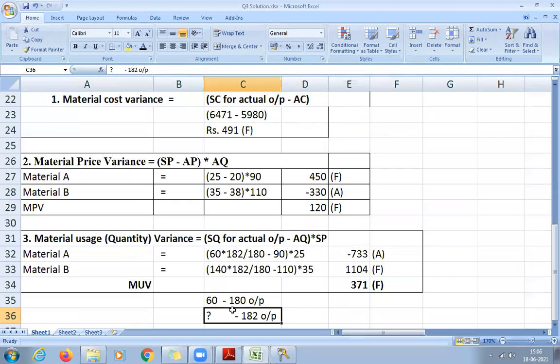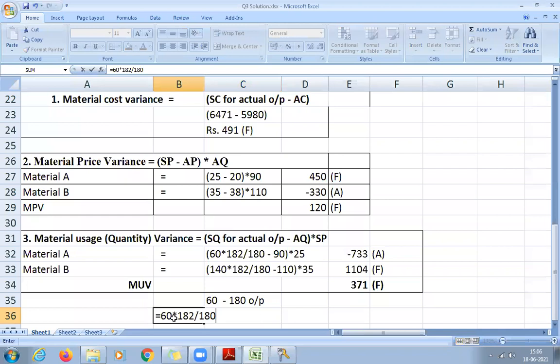Obviously, they have to mix more of material A. That is why I have to do a cross multiplication. So 60 into 182 divided by 180 gives me how much is needed for 182. Can anyone calculate and tell me how much you are getting? 60 into 182 divided by 180. How much are you getting?